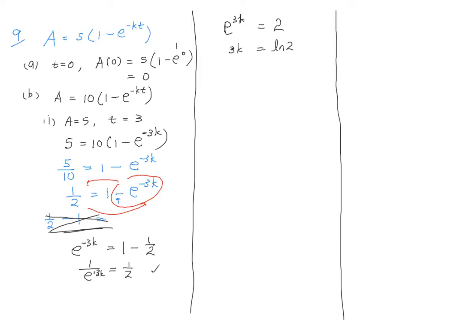If you can't do this step, you really have to think hard. Cindy, can you tell what I should do next? Ln 2 over 3. Thank you. So this is your K, and I'm done with part 1.